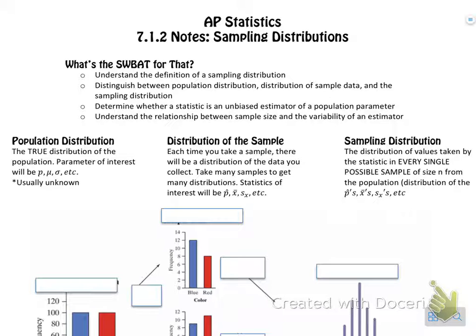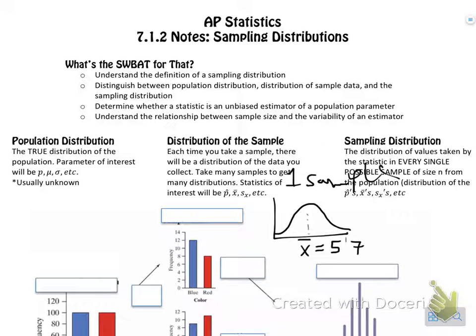So again, in our height example, say we took one sample. Sorry, my writing is bad on these things. We take one sample and we get some sort of a distribution with a mean of, let's say, 5'7", right?